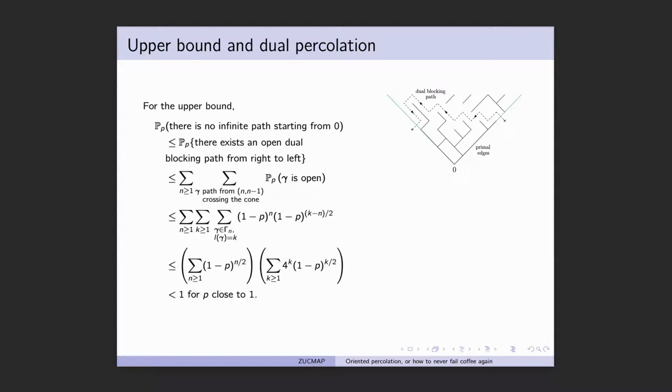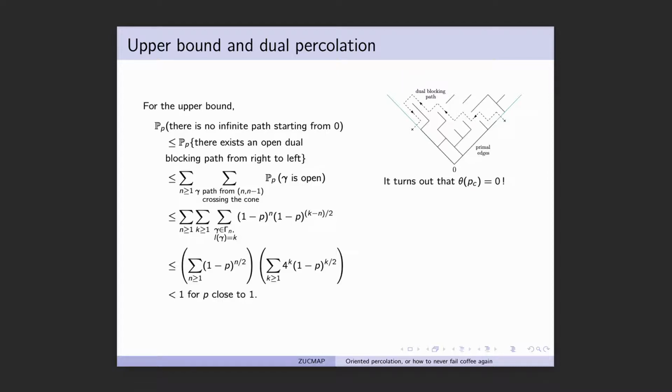Okay, so that was the first result about the probability of the coffee making it through our model. And now we want to look at something slightly different. I wanted to mention that at the critical temperature, when we are at pc, the probability to have this infinite path is 0.